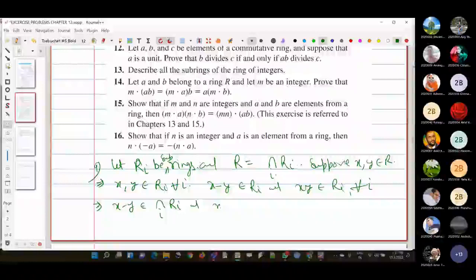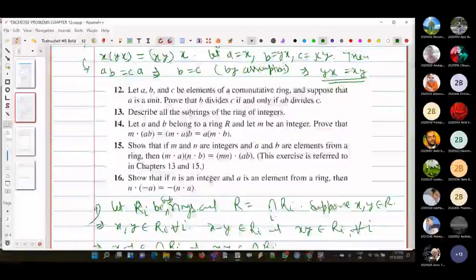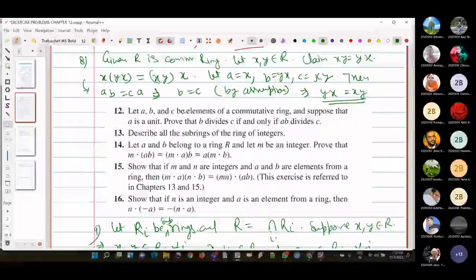So this proves that the intersection is a subring. But the union need not be a subring, which we will see, and for that you can give an example.